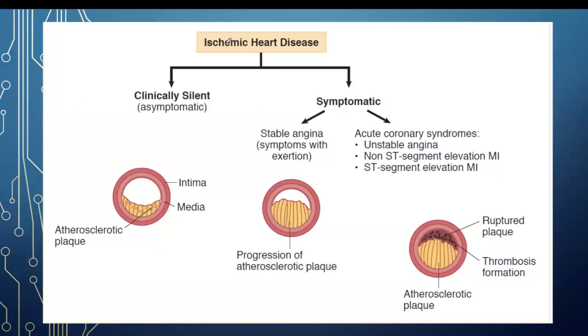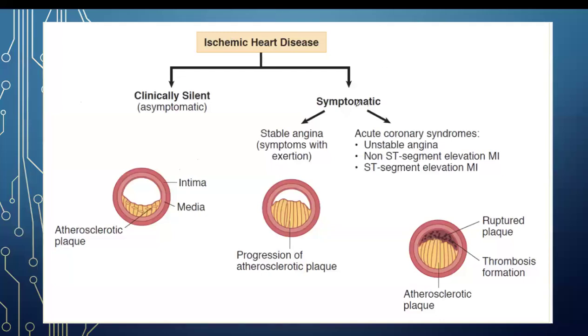Okay, so ischemic heart disease is a very, very important topic for your exam. Ischemic heart disease means coronary artery disease. And all of you know that the coronary artery supplies your heart. And if that coronary artery gets blocked for any reason, most of the time it is excess fatty deposition or an atherosclerotic plaque starting to develop, that's causing this blockage of the coronary artery.